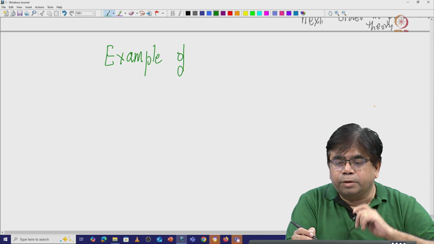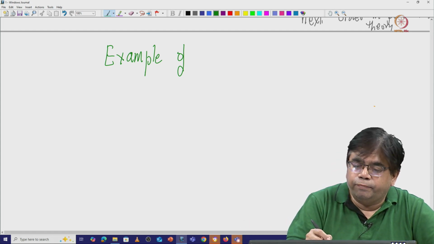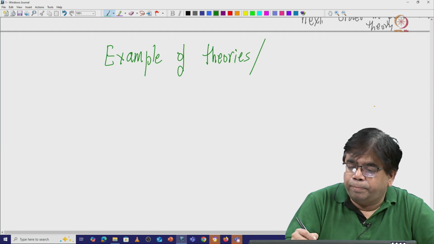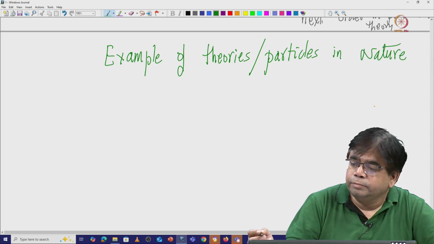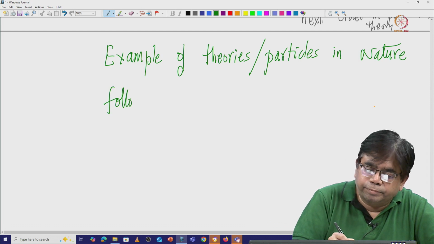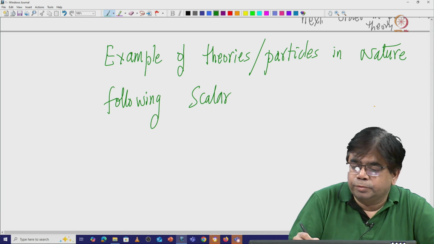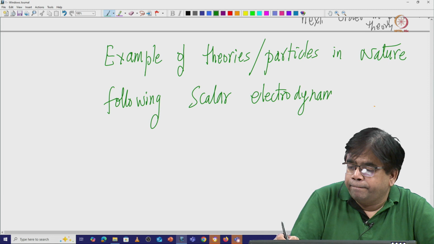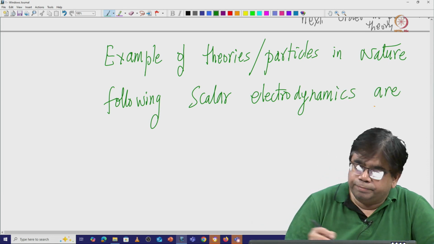Example of particles in nature following scalar electrodynamics are pions.